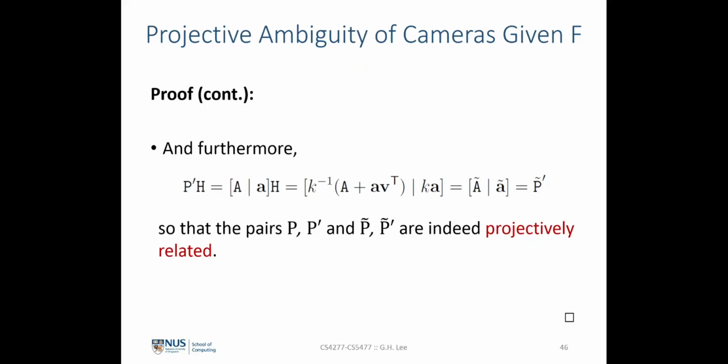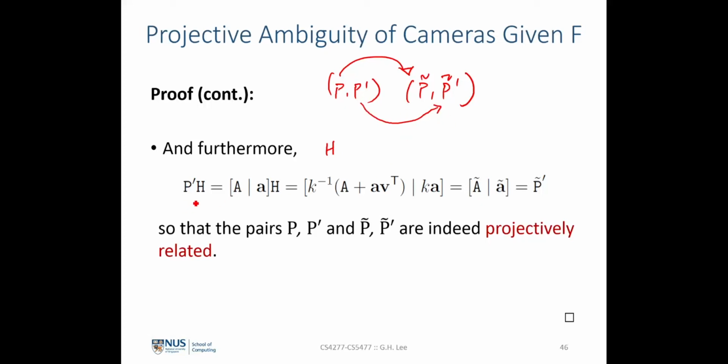And furthermore, we can also show the same relation for the second camera. So we have P prime and P tilde prime. Previously, we showed this relation between the first cameras, and now we can see that the same relation by the projective matrix H that we have defined earlier on holds true for the second cameras in these two sets of camera matrices.